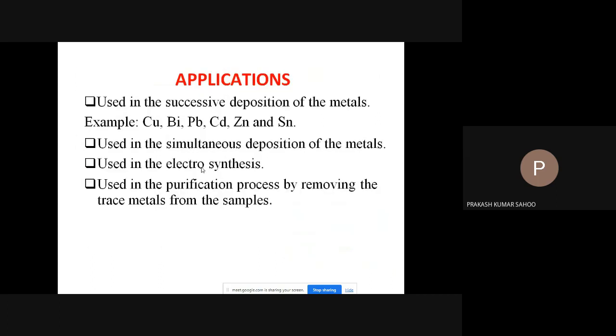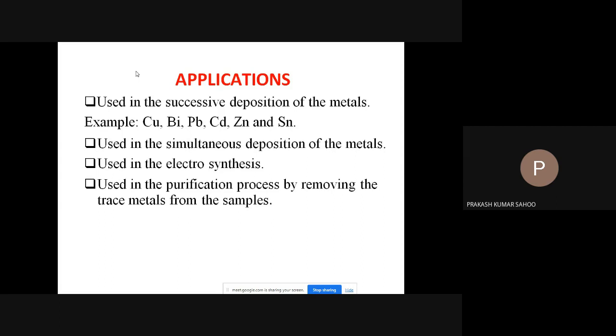What are the applications? Generally, copper is estimated. This is a very common method for the determination of the amount of copper present in a solution or a metal alloy. This process is very common in the metal and alloy industries, where estimation of metal is very important.